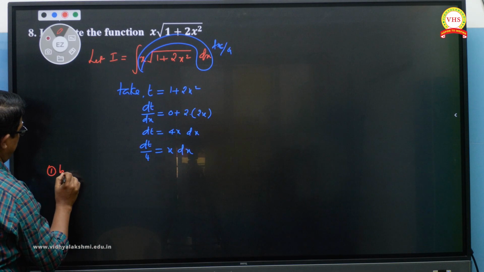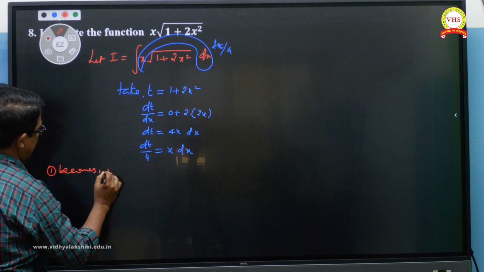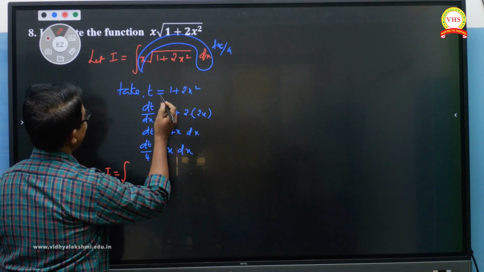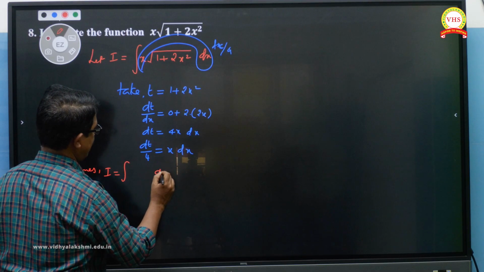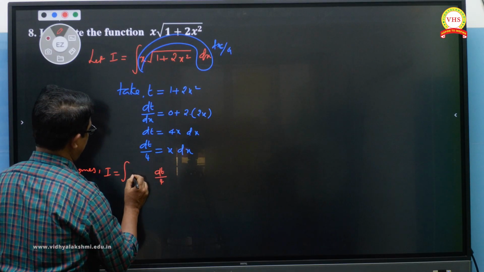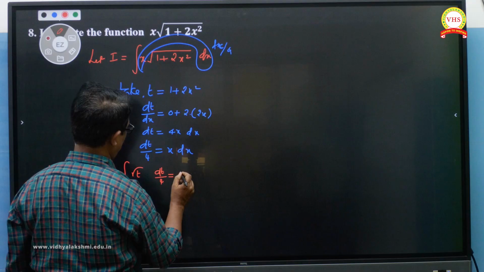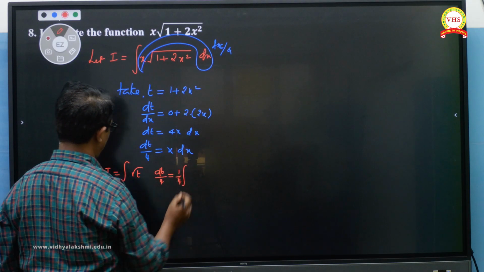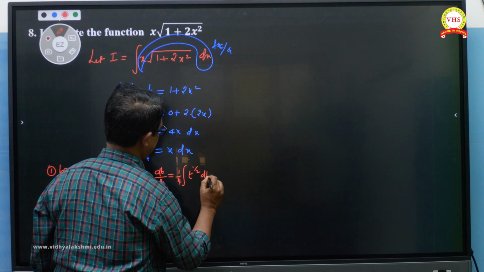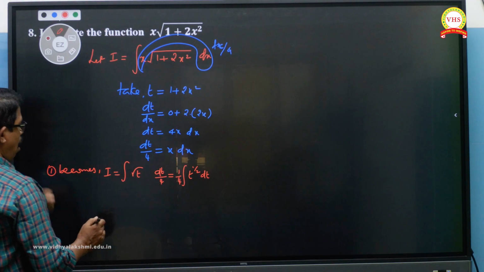Equation 1 becomes I equal to the integral of, x into dx becomes dt by 4, and within the square root we assigned t. Now the integration equals 1 by 4 into the integral of t to the power of 1 by 2 into dt, because the root value is power 1 by 2.